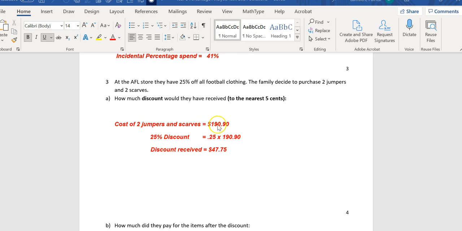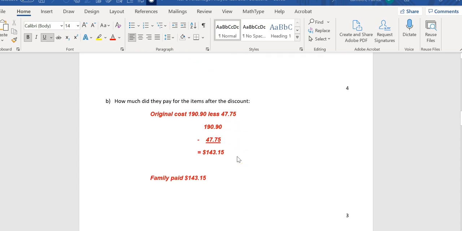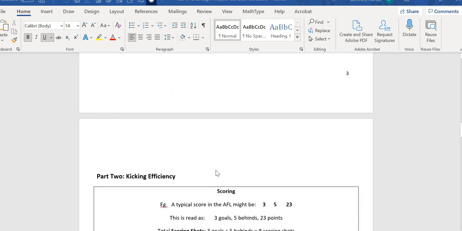So you got 2 marks for this, a mark for doing that and a mark for this. Then how much did they pay? So we take the original amount less the 47.75, there's 2 marks, and then 1 mark for your answer.